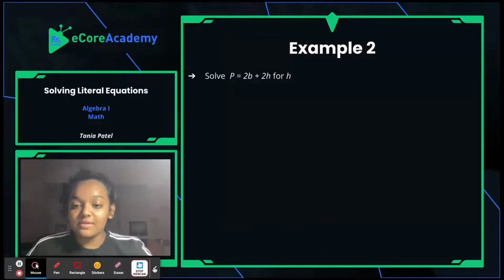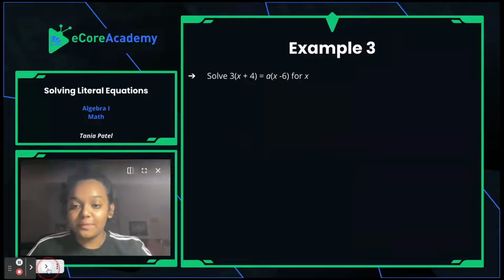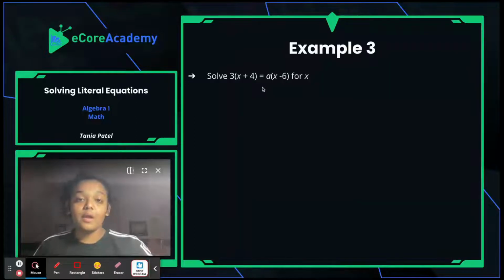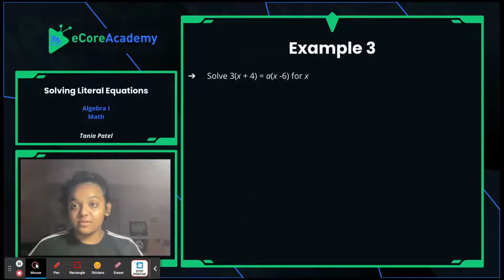All right, so now let's get on to example number 3. So this is what I was talking about before. Literal equations are basically, like mentioned before, equations that only deal with variables that act as constants and different values.